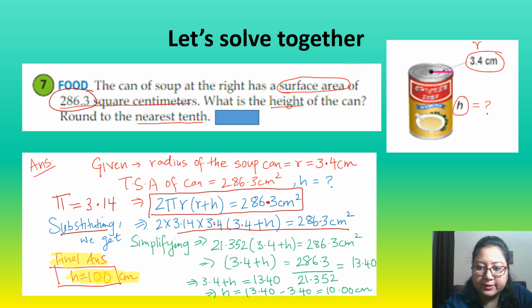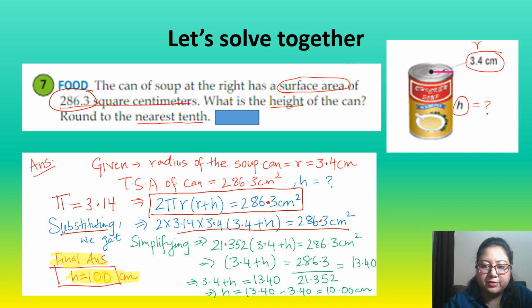So let's do that. You can use your calculator for simplifying this multiplication, and this whole part will then come out to be 21.352. Okay, and the bracket is as it is, 3.4 plus h. These are both multiplied and they are equal to 286.3 centimeters square.